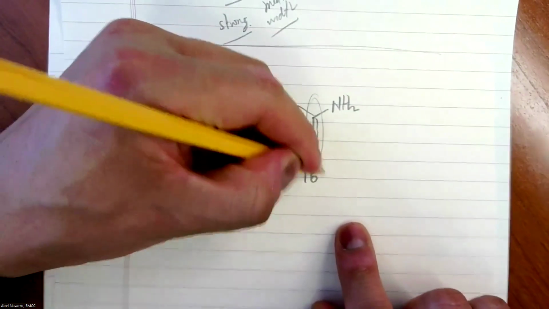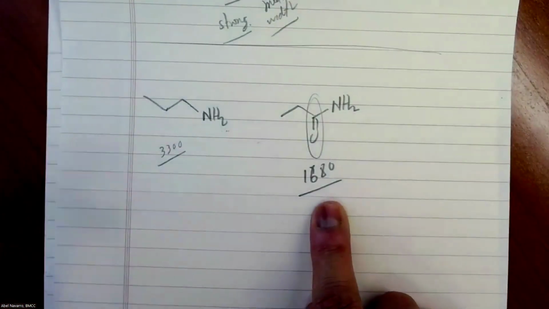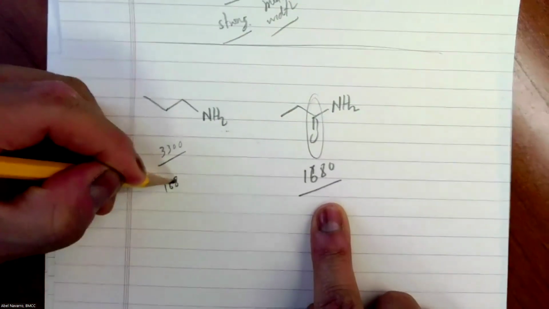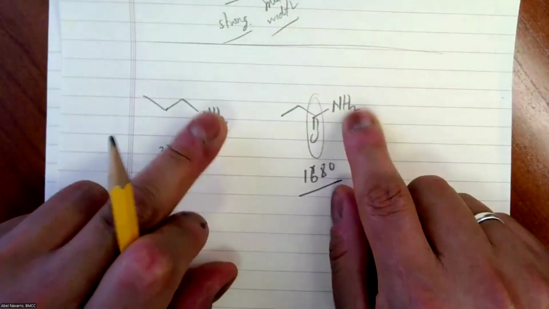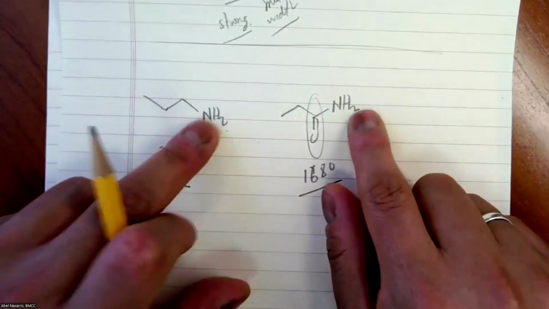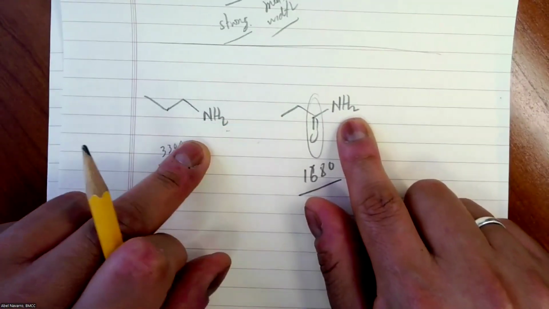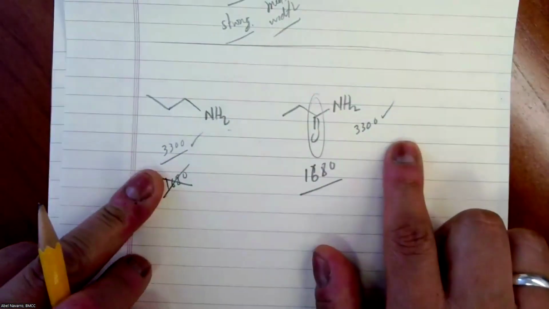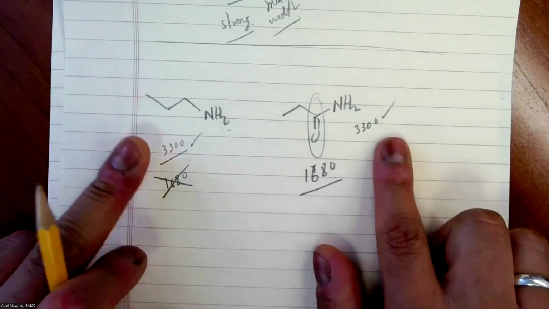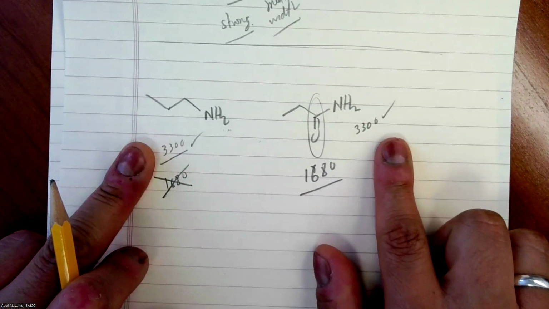What I can use is that here, I should observe a peak around 1680, and here, I will not see anything around 1680, right? That peak is present in both cases, NH2, NH2, 3300. Both of them will show up, so I cannot differentiate based on that.